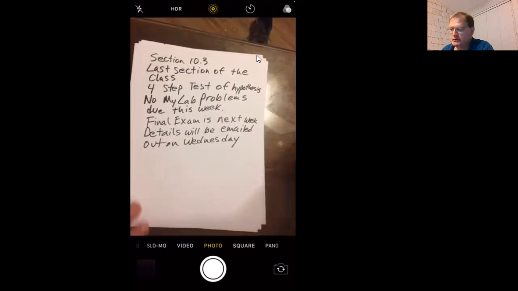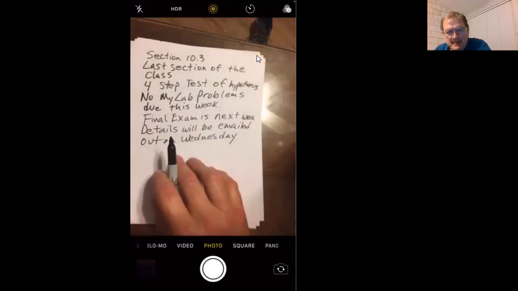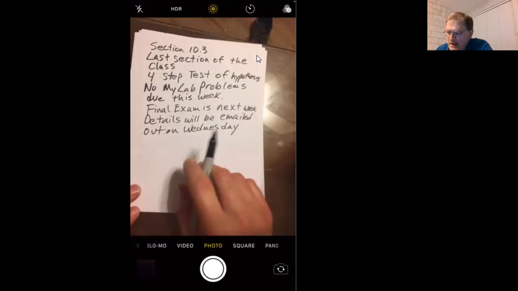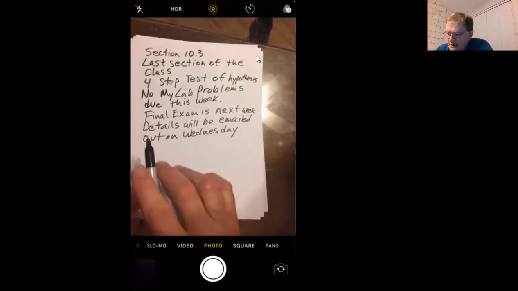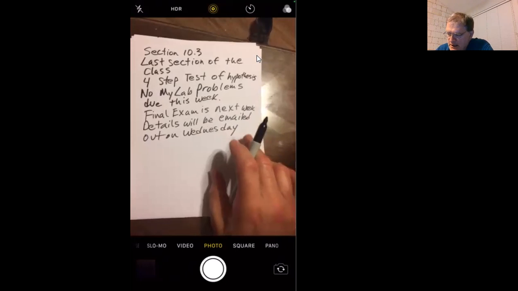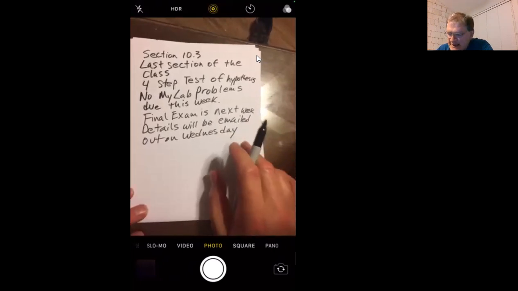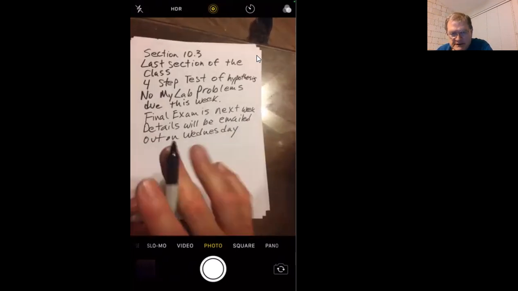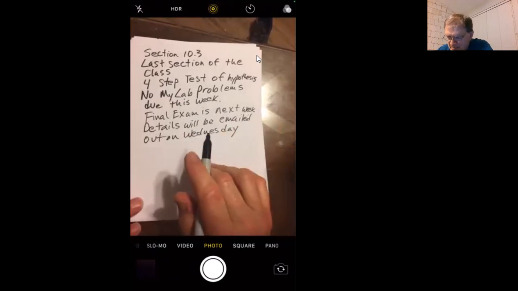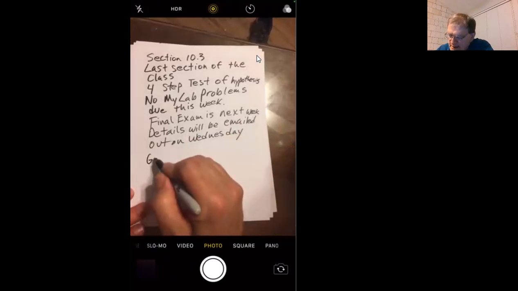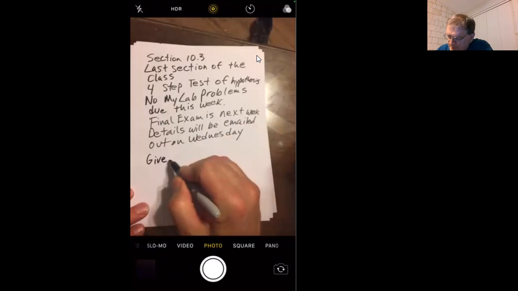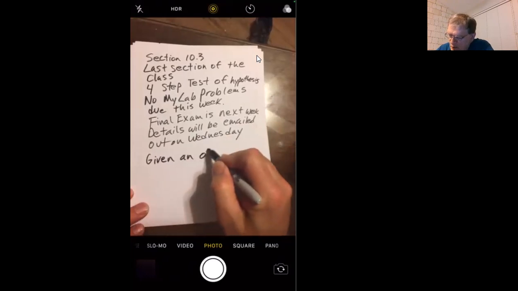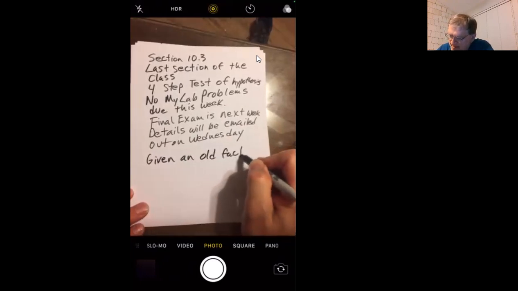Let me try to lay out, in as plain English as I can, exactly what these 4 steps are. You'll be given an old fact.